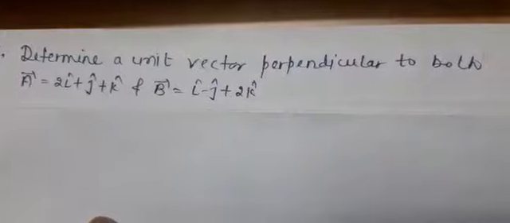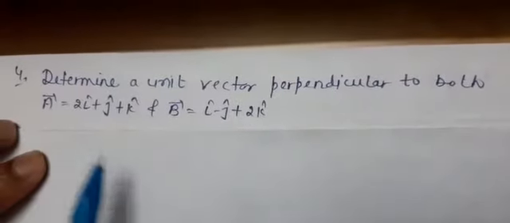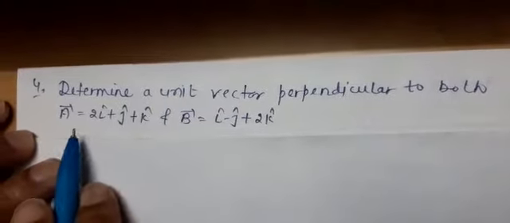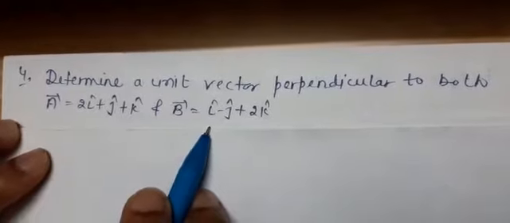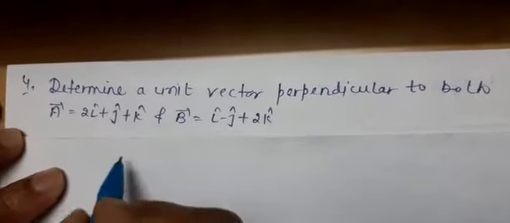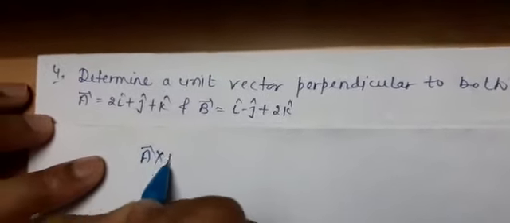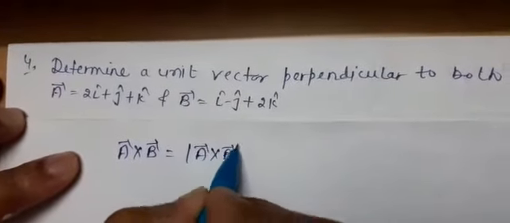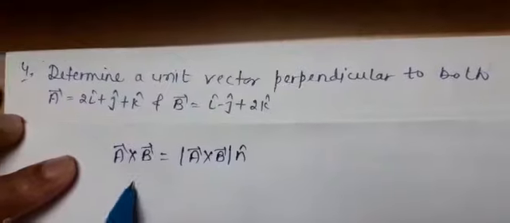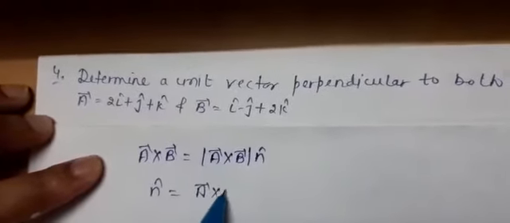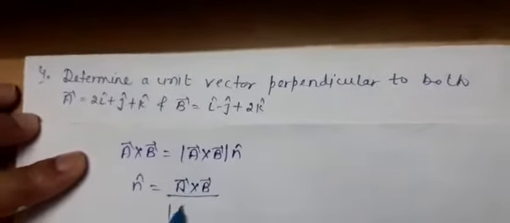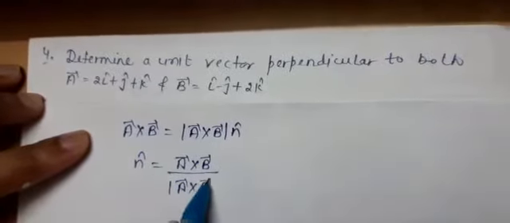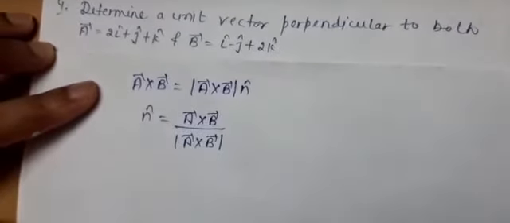Now the next numerical: determine a unit vector perpendicular to both vectors A and B. So a unit vector perpendicular to A and B, as this A cross B is a modulus of this, and n cap is A cross B divided by modulus of A cross B. Right.